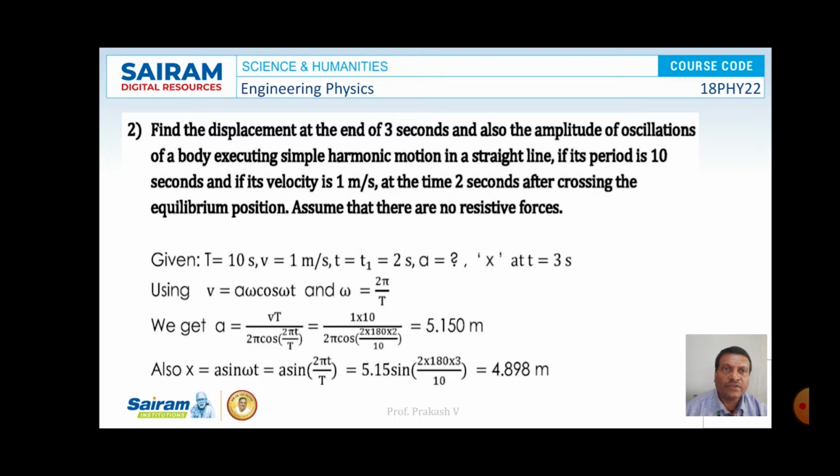Also x is equal to A sin omega t, that is A sin (2 pi t by capital T), which is nothing but 5.15 sin of (2 into 180 into 3 by 10). On simplification we get the value of x as 4.898 meter. So this is the solution for the given problem.